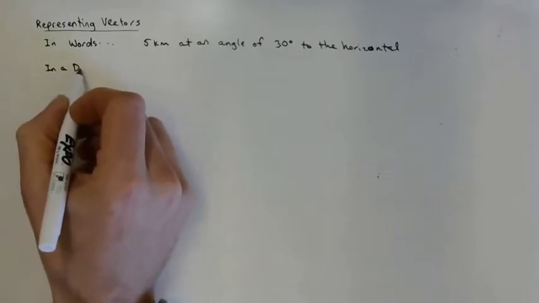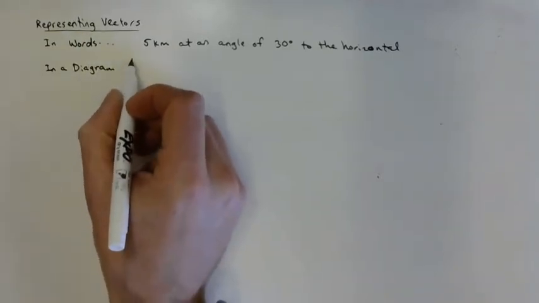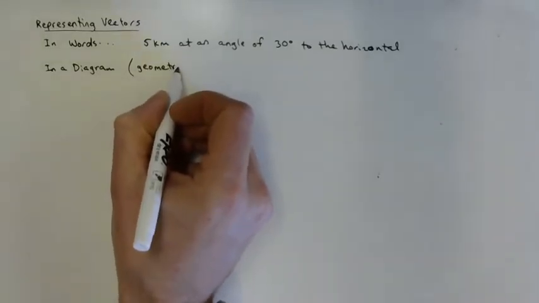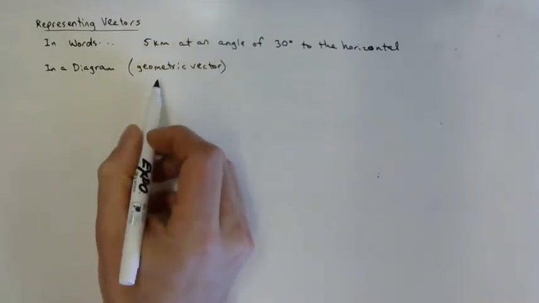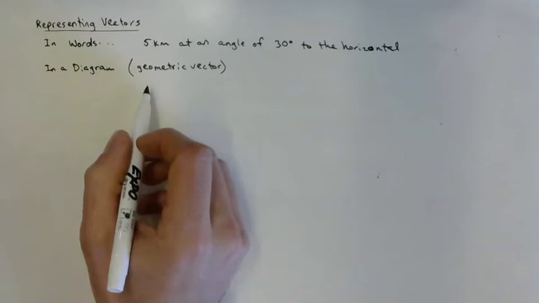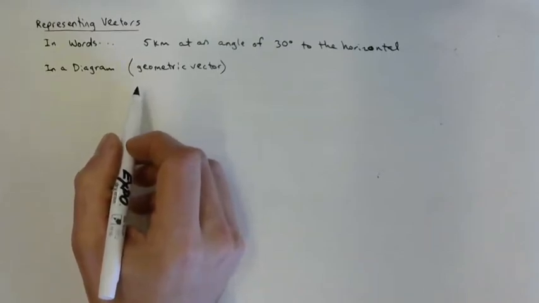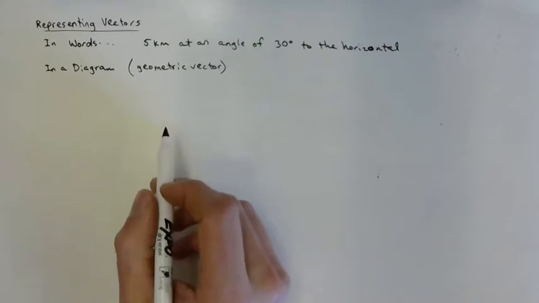In a diagram, which is called a geometric vector. So there's a bit of a hint that we're going to be working with geometry and figures, triangles and parallelograms, etc. And it's basically just a representation of a vector using an arrow diagram or a directed line segment, and it's going to show magnitude and direction.